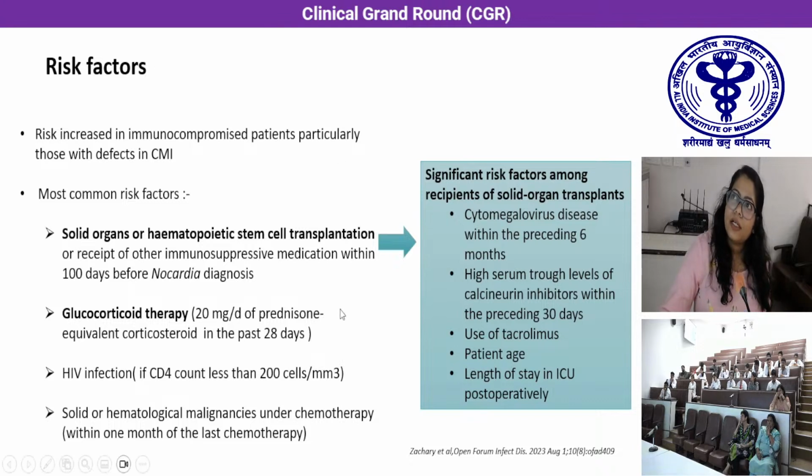Other risk factors among recipients of solid organ transplants are cytomegalovirus disease within the preceding 6 months, high levels of calcineurin inhibitors within the preceding 30 days, or use of tacrolimus. Glucocorticoid therapy is another risk factor. Patients who have received corticosteroids equivalent to around 20 milligrams per day of prednisolone within the past 28 days were found to have a higher risk for Nocardia. Also, patients having solid or hematological malignancy who have received chemotherapy within the past 1 month are at higher risk.